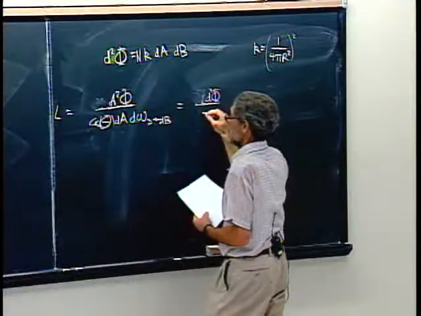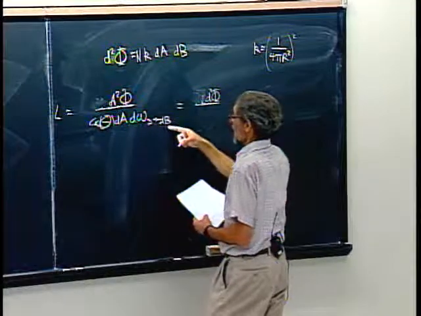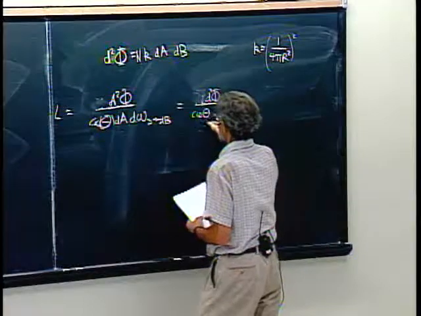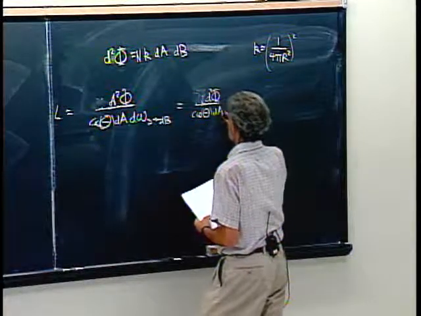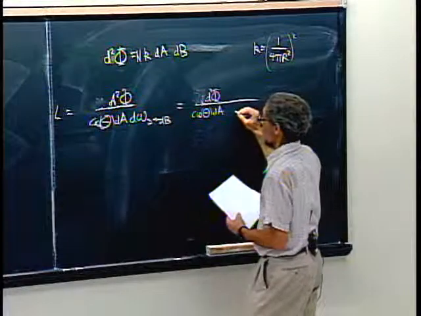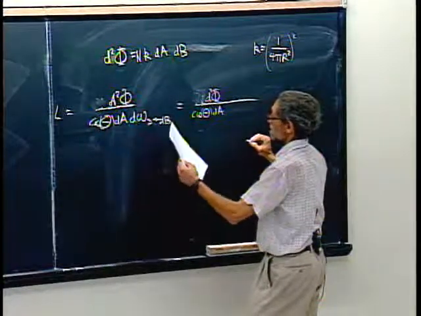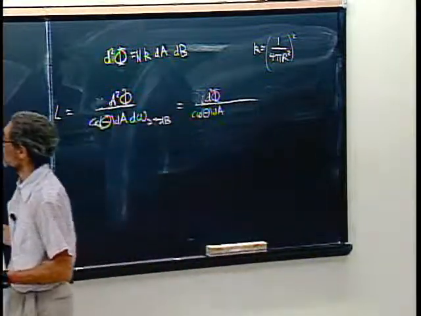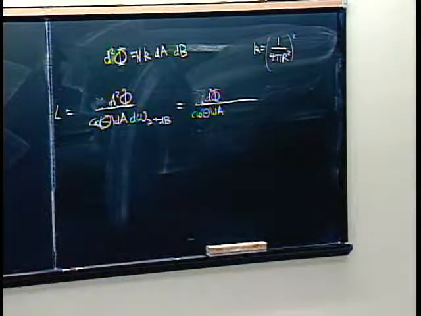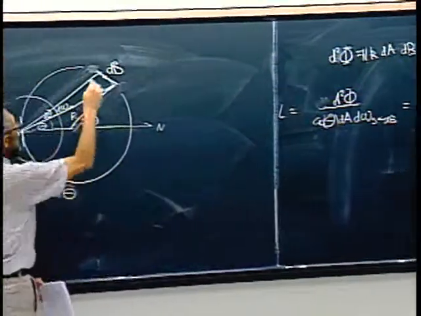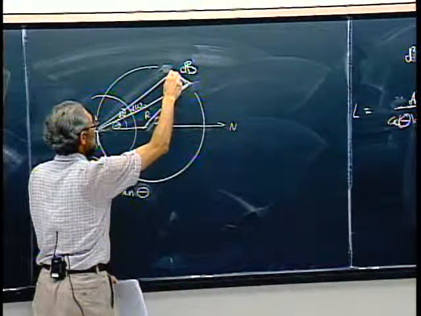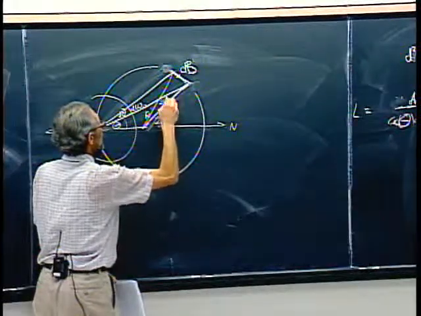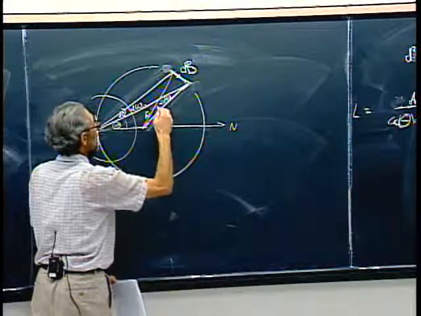This count times this solid angle is cosine theta dA, and the solid angle I have, let me think. I can find this angle here is twice d theta, right?